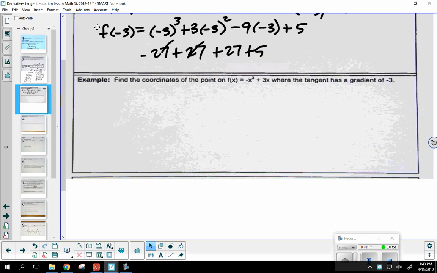Gradient is another word for slope. So we're provided the slope. We want to know the coordinates where we have a tangent line that would give me that slope.